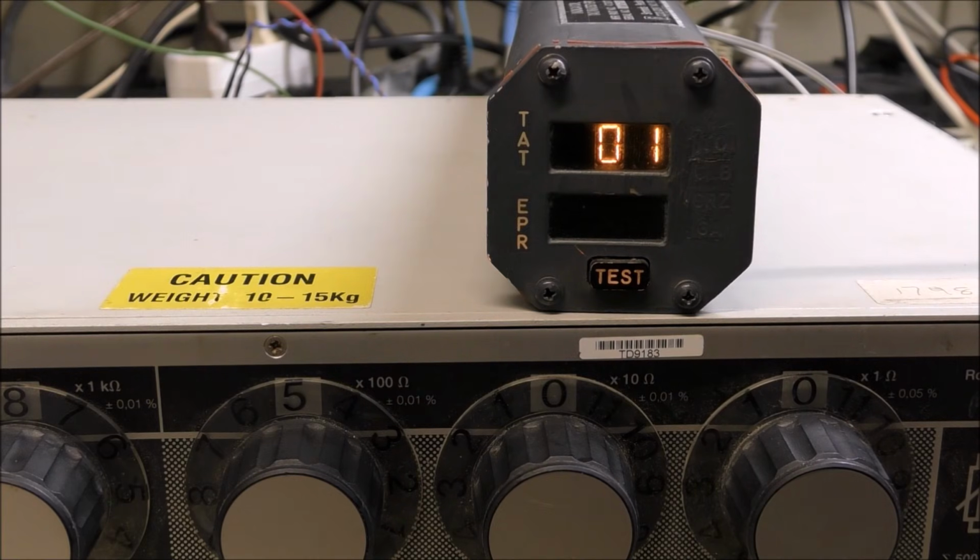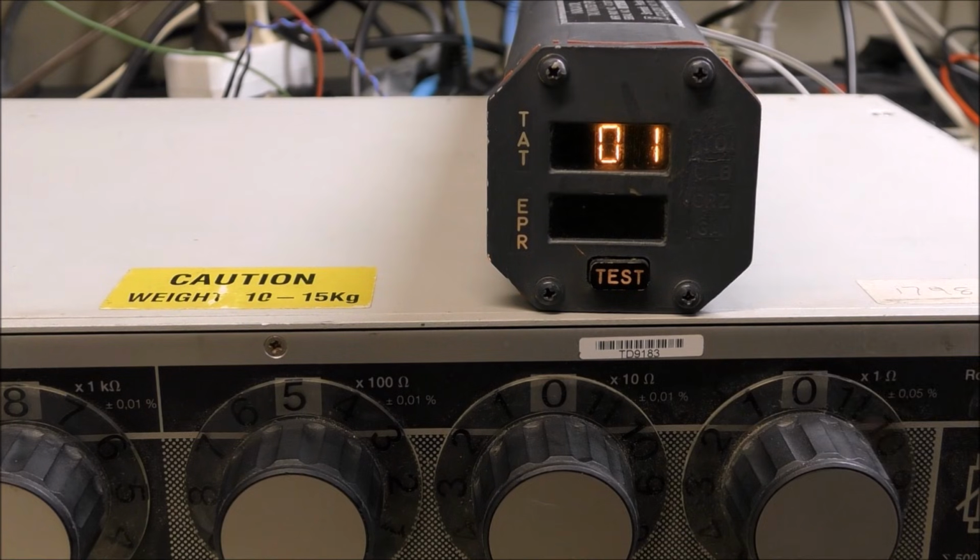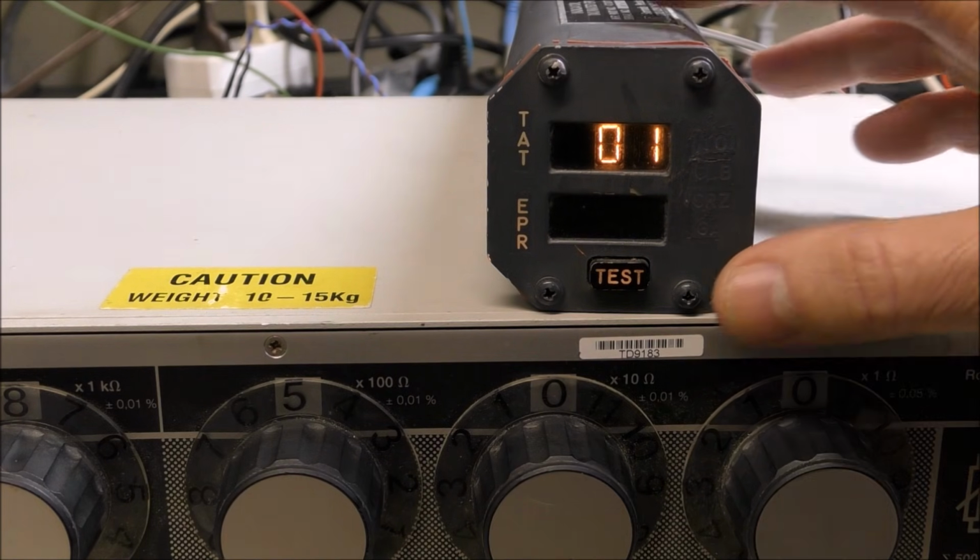For the test, I have connected the probe input of this unit to this resistor decade box which simulates the total air temperature probe, which is the platinum sensor, 500 ohms. So we can see that for 500 ohms there is a temperature of 1 degree. We can perform a display test first.